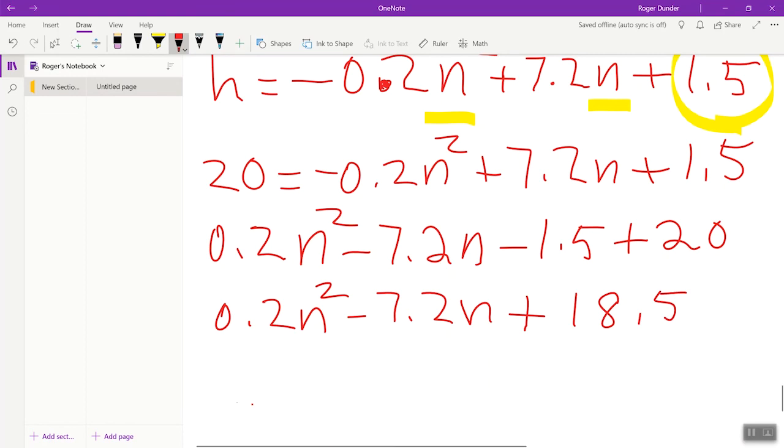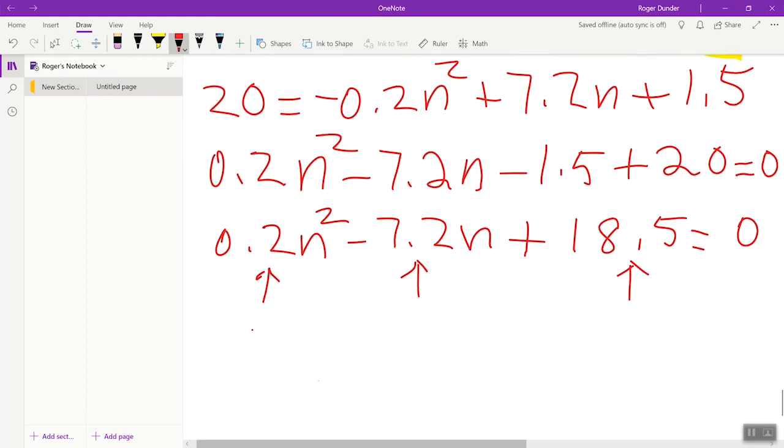So equals what? And I should have done that up here too. Equals 0, right? So these two equations were equal to 0. Now, what is A? A is right here, 0.2. What is B? Negative 7.2. And what is C? 18.5.